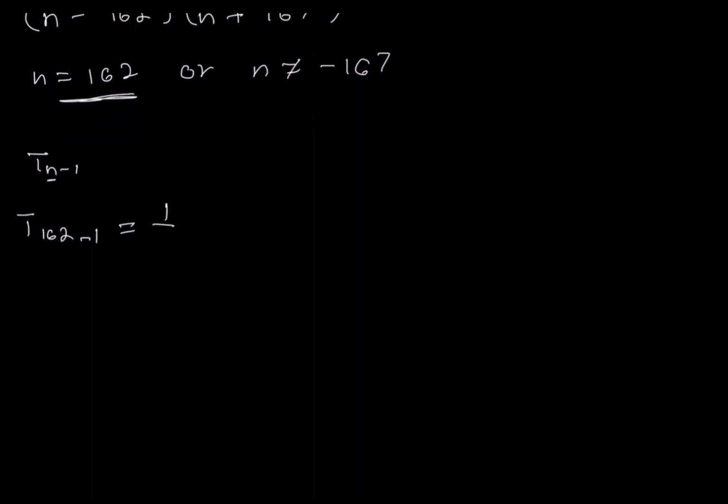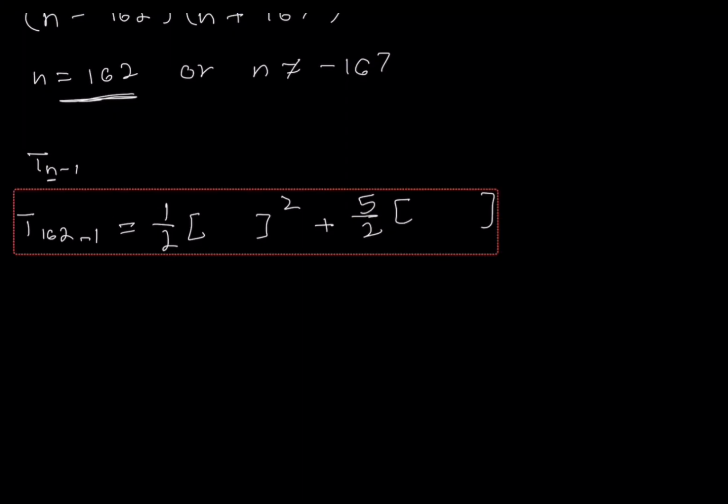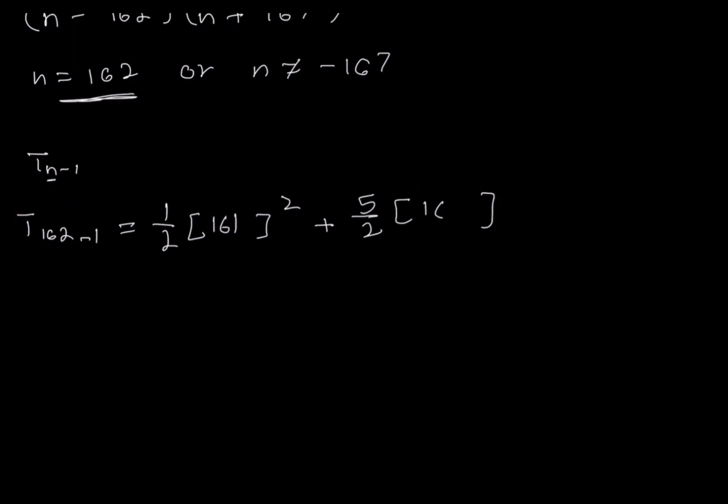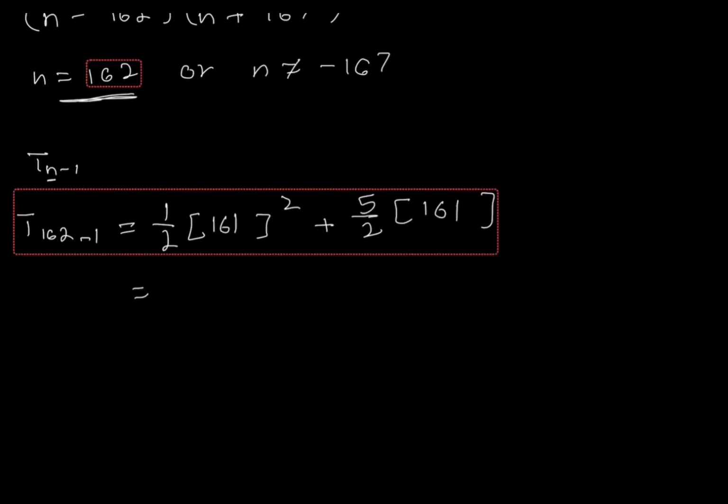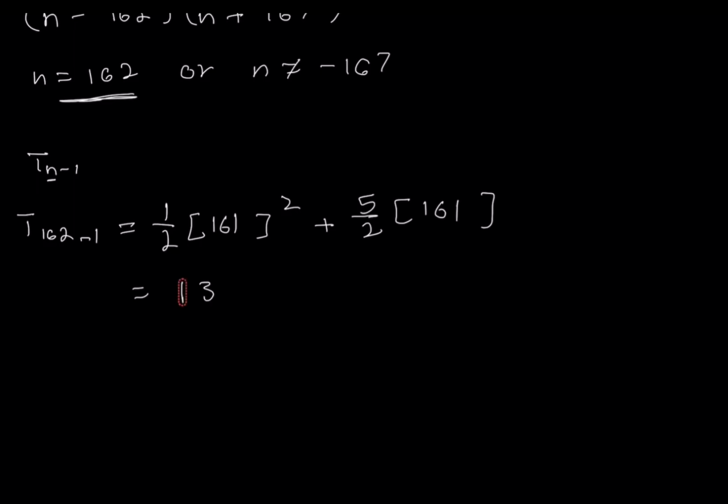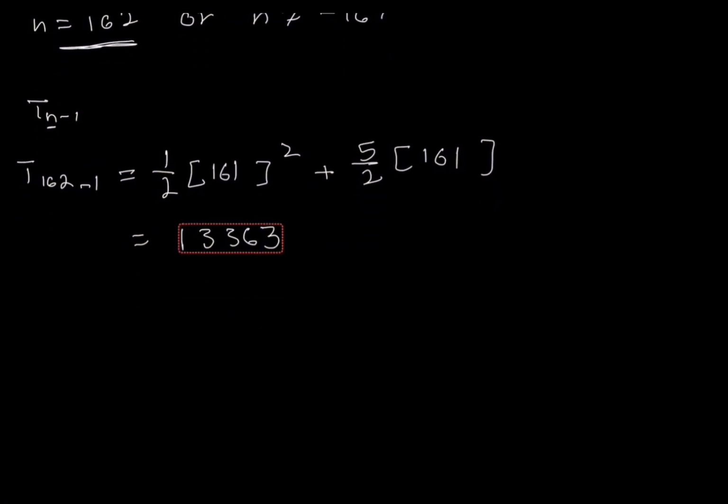So it's going to be 1 over 2 n squared plus 5 over 2 n. We know that 162 minus 1 is 161. That's the term we want. Pressing this in our calculator, we get 13,363.